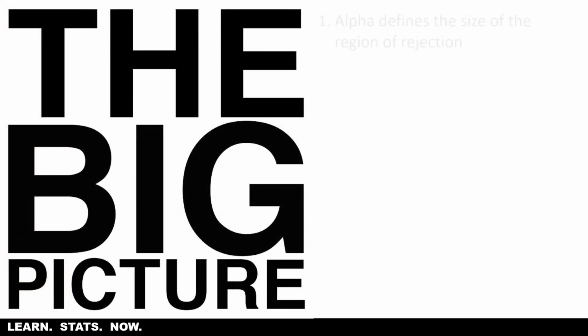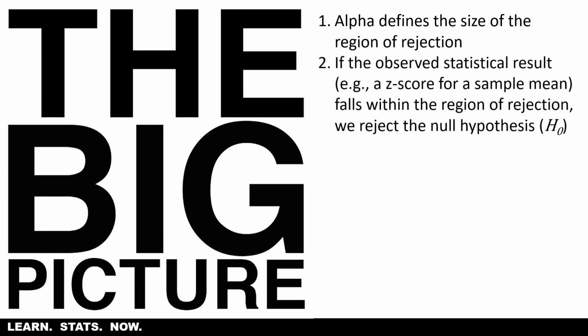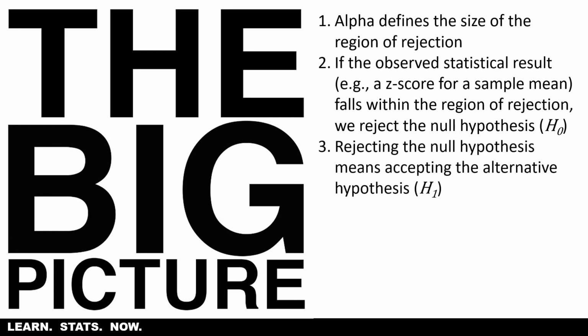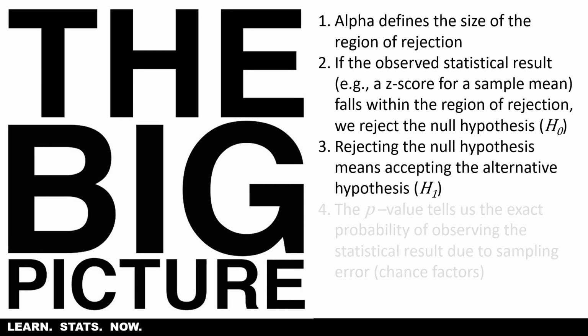Okay, so big picture, alpha defines the size of the region of rejection. If the observed statistical result, in other words, a z-score for a sample mean, falls within the region of rejection, we reject the null hypothesis. In other words, we reject H sub 0. Rejecting the null hypothesis means accepting the alternative hypothesis. That's our research hypothesis, and that's sort of the hypothesis of the most interest to us.